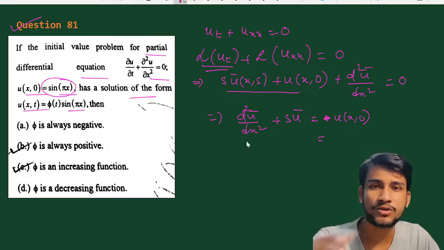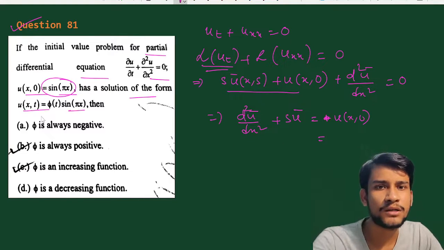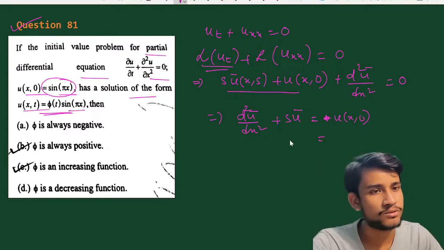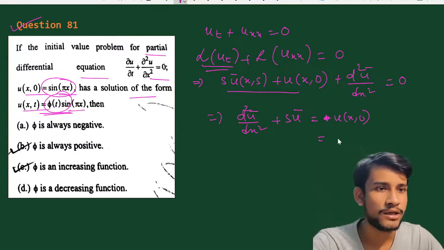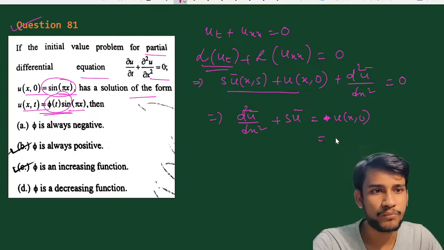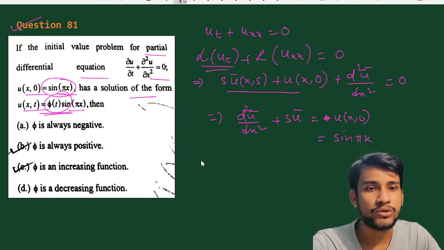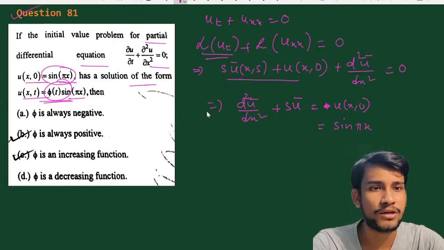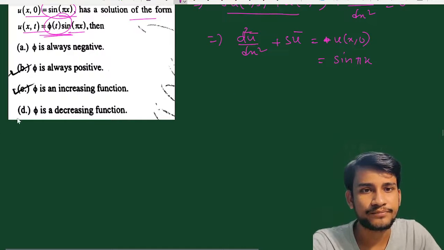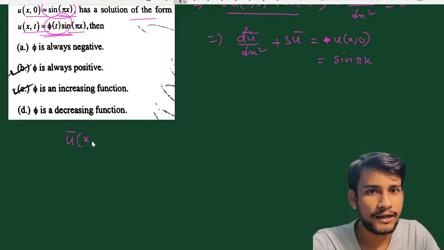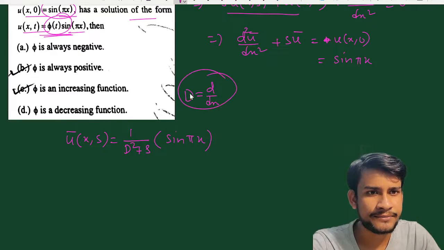So we first solve this and then see the solution and compare with this, and then we get the value of the function phi(t). So u(x,0) equal to sin of pi x, and we just calculate the particular integral. The particular integral u bar(x,s) equal to 1 by D square plus s on sin of pi x, where D means d dx.